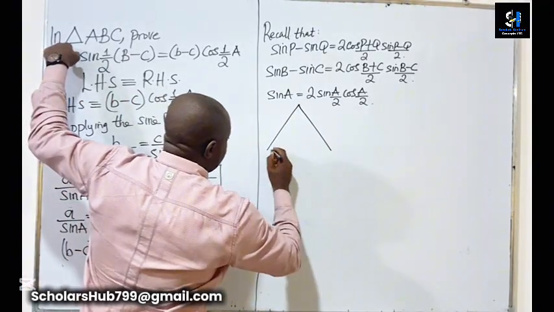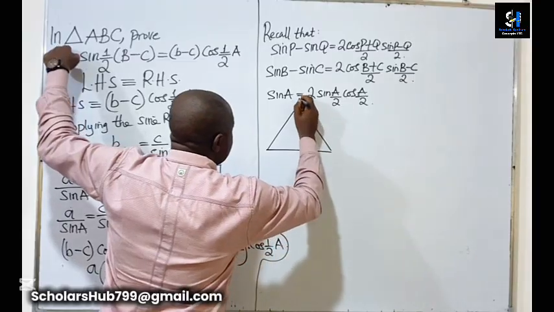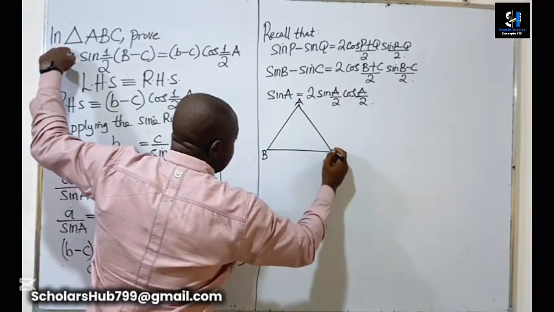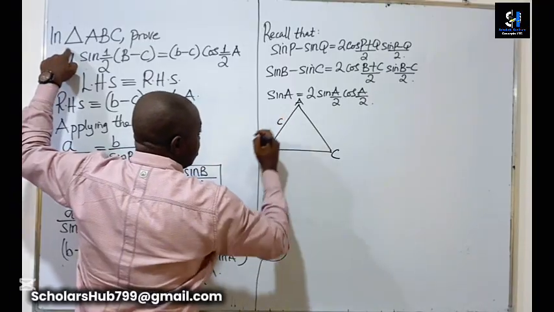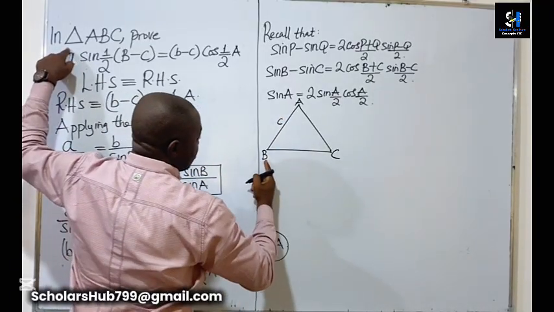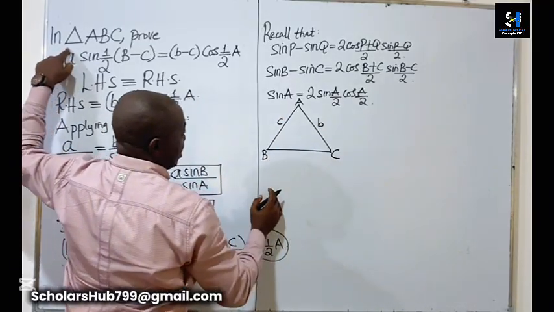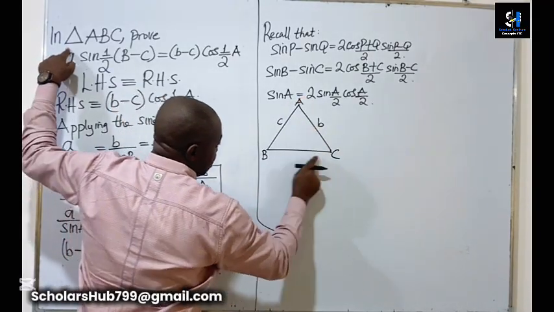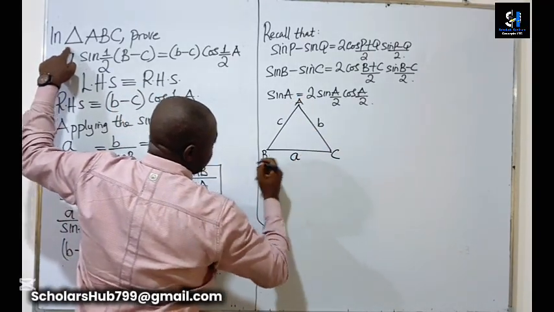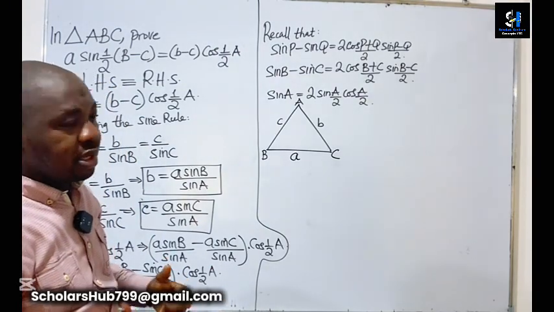So we have triangle ABC. Opposite angle C will be side c. Opposite B will be lowercase letter b, which is side AC. Opposite A is side BC, which will be represented with lowercase letter a.